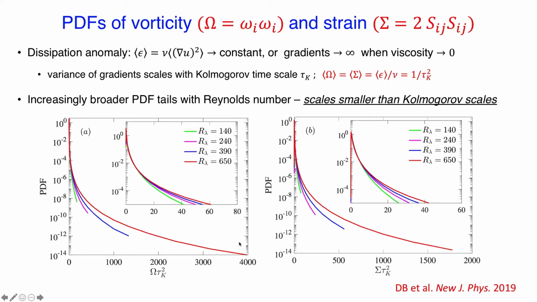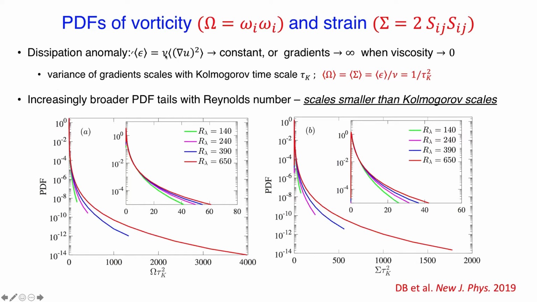As I was saying about extreme gradients, dissipation anomaly basically says that the mean dissipation becomes constant when viscosity goes to zero. It follows from a simple argument that if I take the dissipation to be viscosity times some gradient squared, then the variance of the gradients is dissipation divided by viscosity, which is the inverse of the Kolmogorov time squared.